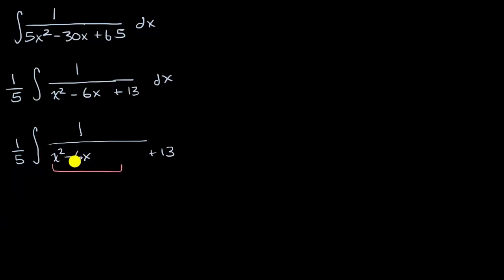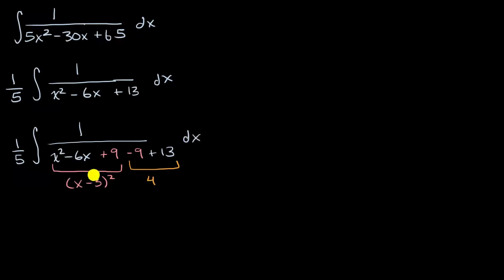Well, we've done this before. You take half of your coefficient here, which is -3, and you square that. So you want to add a 9 here. But if you add a 9, then you have to subtract a 9 as well. And so this part is going to be x minus 3 squared. And then this part is going to be equal to a positive 4. And we, of course, don't want to forget our dx out here.